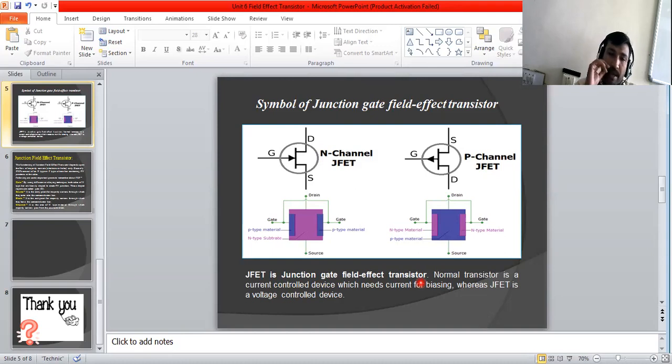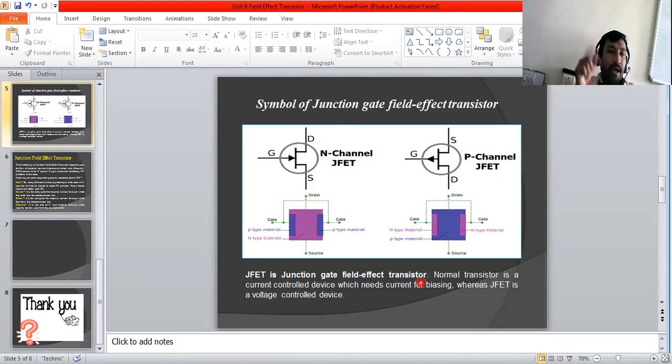What is meant by FET? FET is a unipolar semiconductor device. It has one junction and three terminals. It is activated by reverse bias, therefore it is called a voltage controlled device.